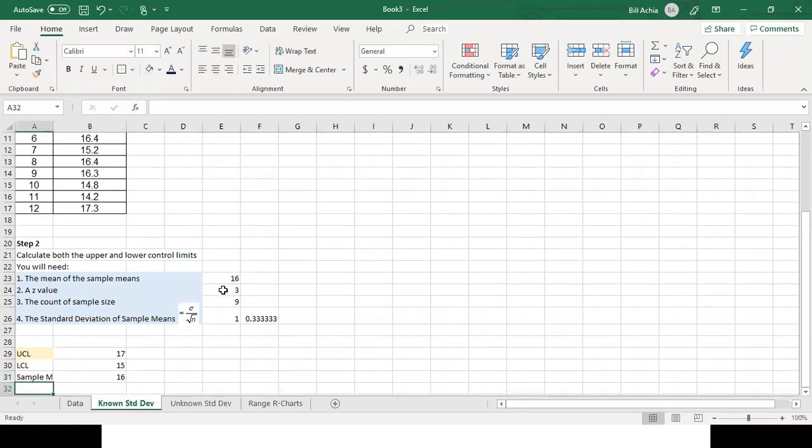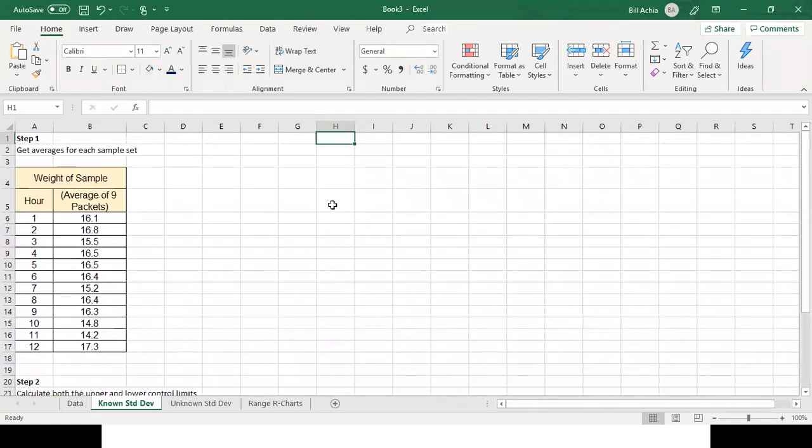Okay, so with just these 3 data points, we now have the beginnings of that template that we're going to need to make our statistical process control chart. So we have our lower control limit, our mean, and our upper control limit.